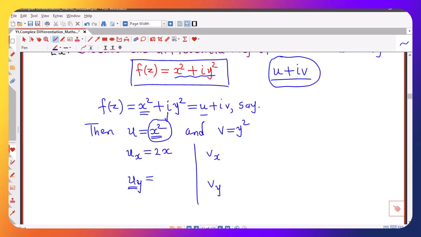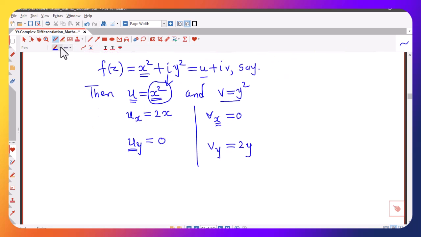So x square is constant and there is no y term here. Therefore, the derivative of u with respect to y is 0. Same thing here, while differentiating v with respect to x, we treat y as constant, therefore y square is constant, therefore del v by del x is 0. And del v by del y, the derivative of y square with respect to y, is 2y.